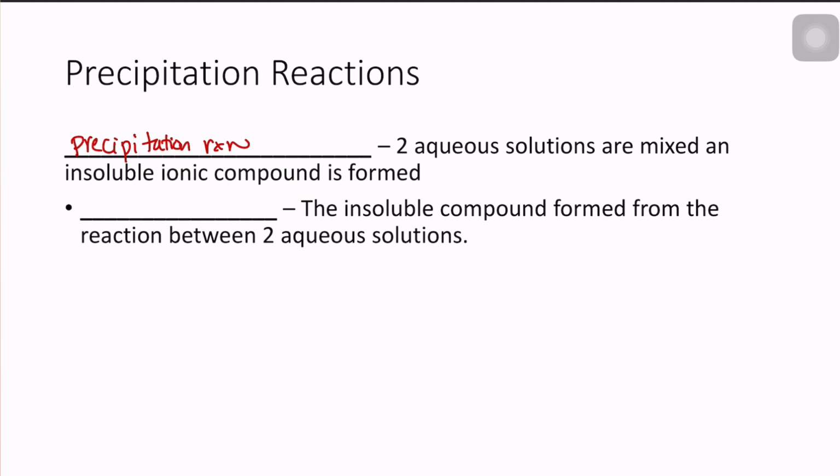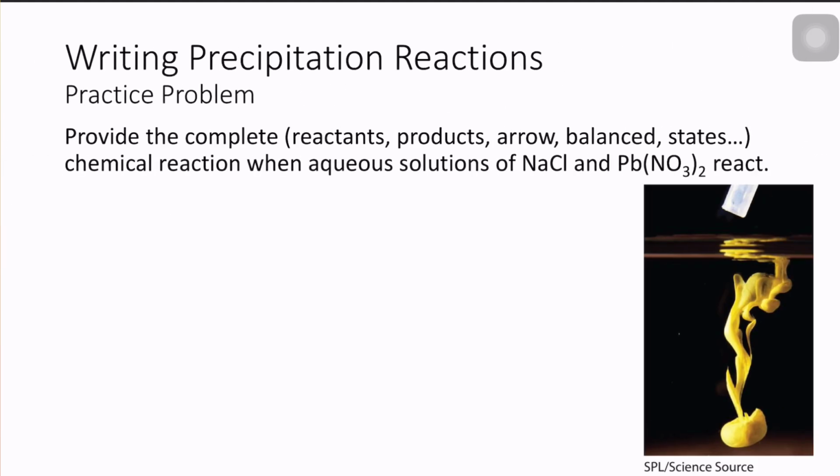That insoluble compound is called a precipitate. So, a precipitate is just the solid that is formed from two aqueous solutions when they undergo a precipitation reaction.